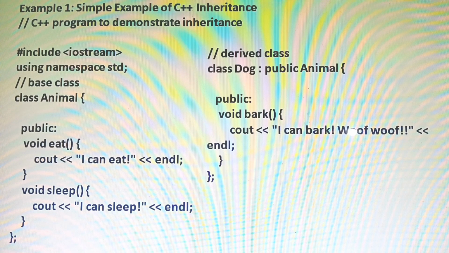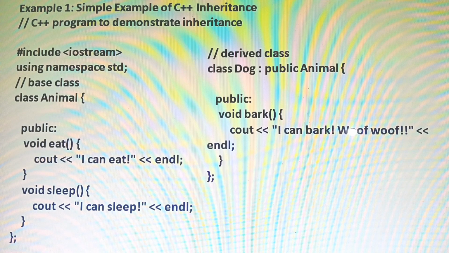How can we access them? We have to give the inheritance syntax. Class dog, the derived class, colon public, the access specifier public, then the name of the base class, animal. The access specifier should be public; only then can we access the functions given in the base class. To access the functions of the base class in the derived class, the access specifier should be public.